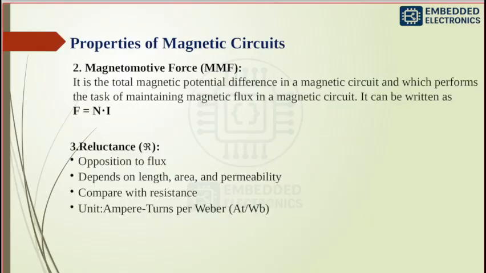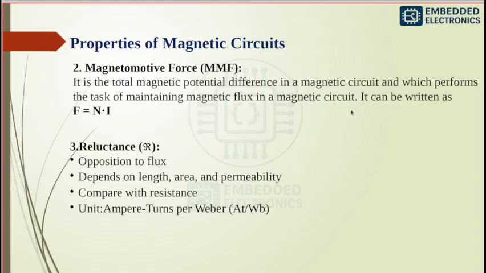So next is the magnetomotive force, that is MMF. It is the total magnetic potential difference in a magnetic circuit. It is used to maintain magnetic flux in a magnetic circuit.